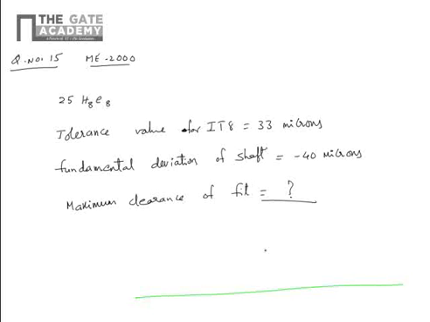He is asking maximum clearance. On the shaft, the deviation he has given, fundamental deviation, means minimum deviation. So the shaft is below the reference line. This is the shaft. This is the shaft tolerance, and this is the shaft deviation or fundamental deviation, which is minus 40 microns.